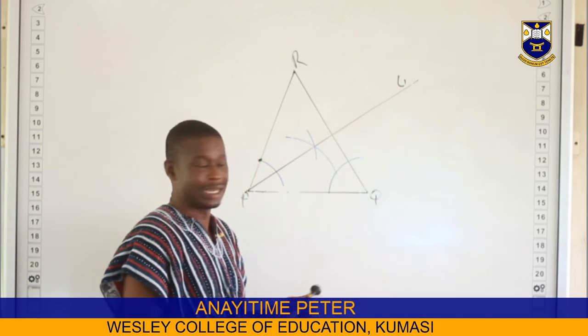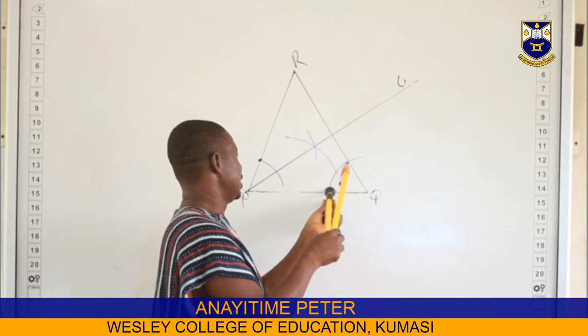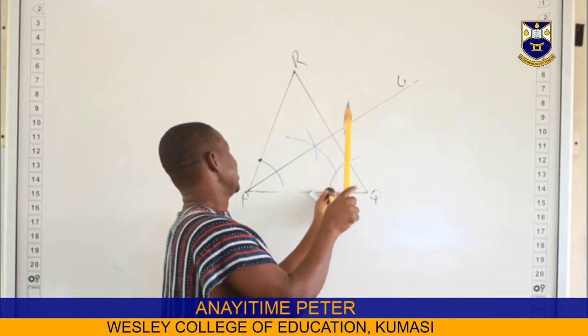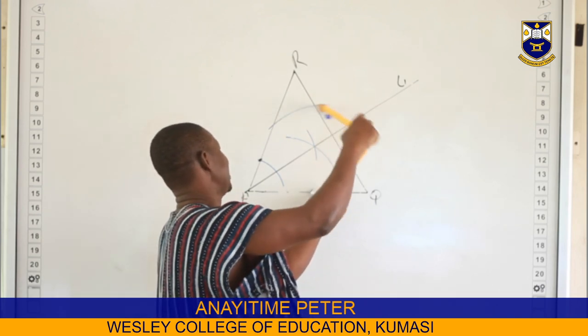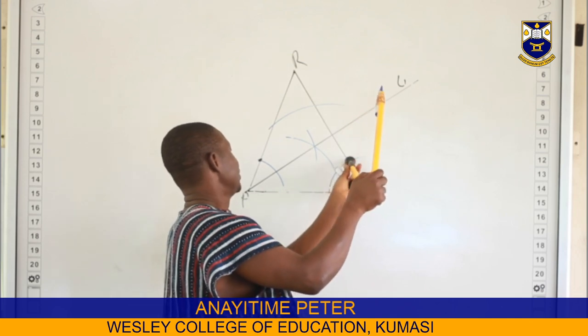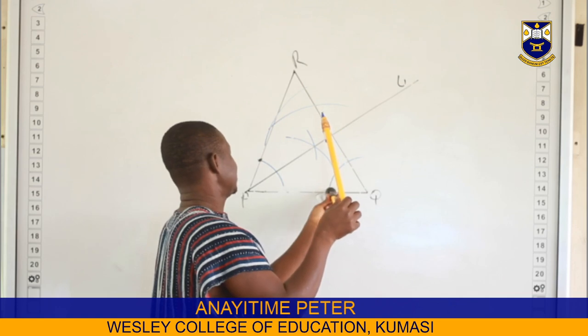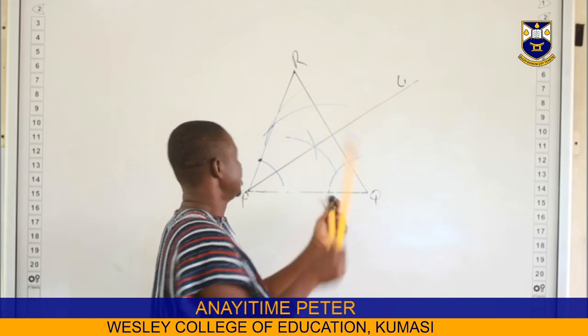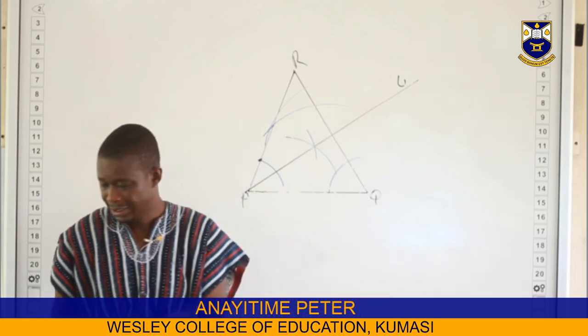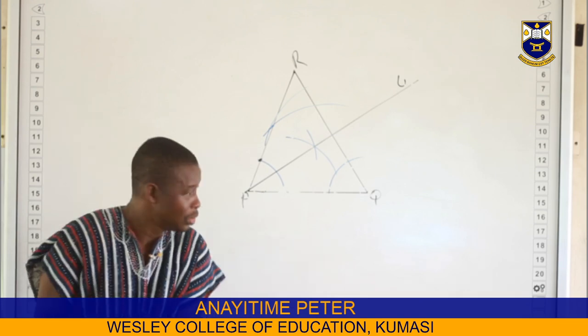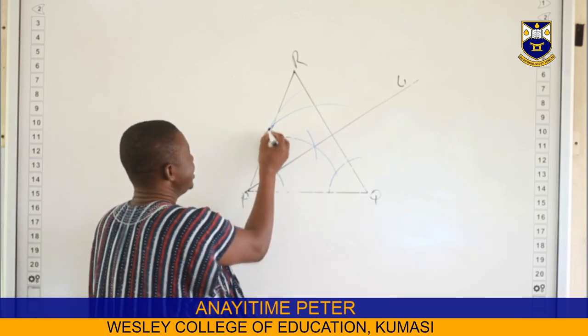I have drawn my arc from here. I describe an arc up. I describe another arc. And as you can see, the arcs are meeting somewhere there. So my two arcs are meeting here.